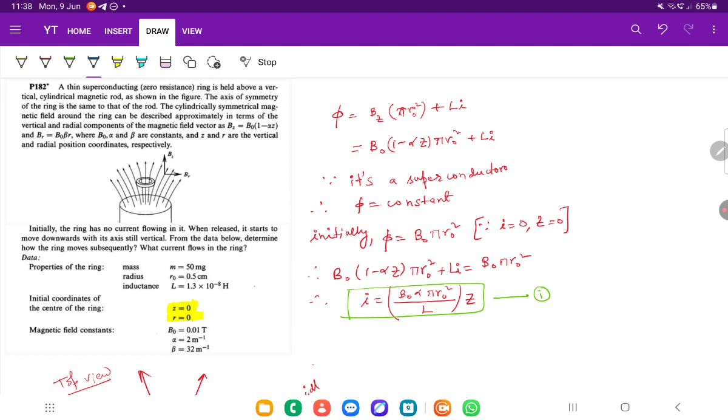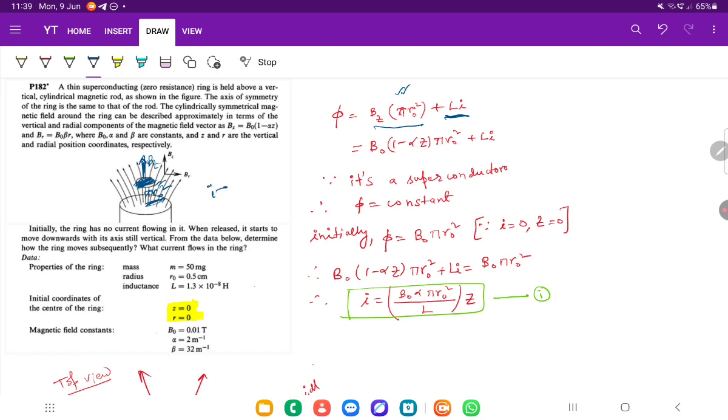So I'm writing phi, the flux through this superconducting ring. It will be Bz times pi R naught square, because Bz is vertically upward in this direction and this area is pi R naught square perpendicular to Bz. So we can directly write B dot A as Bz into pi R naught square, and the LI term is due to self-inductance.